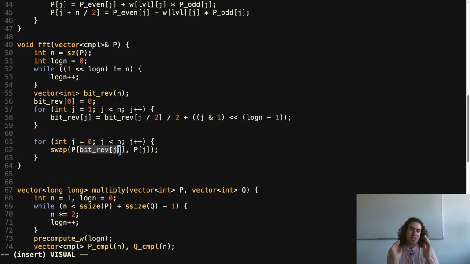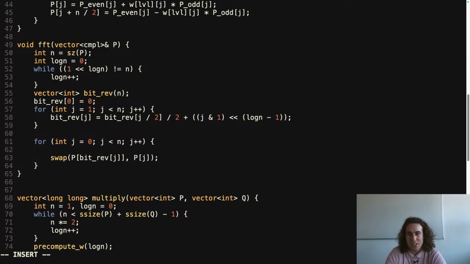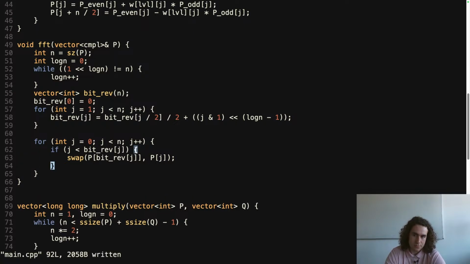So at the end, actually, this will do nothing to our array. To make sure that our array is actually changed, I should only use every pair once. To use every pair once, I can, for example, say that I only do the swap if j is less than bit reverse of j. Cool. That's exactly what we wanted.